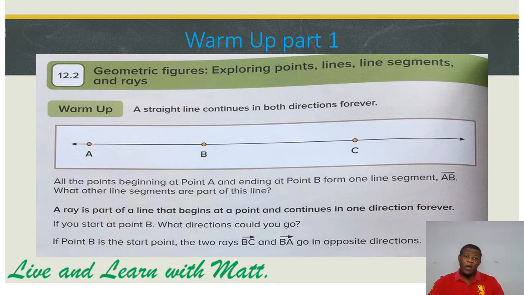Now, all the points beginning at point A and ending at point B form one line segment. So we call it AB, and we write it like this.